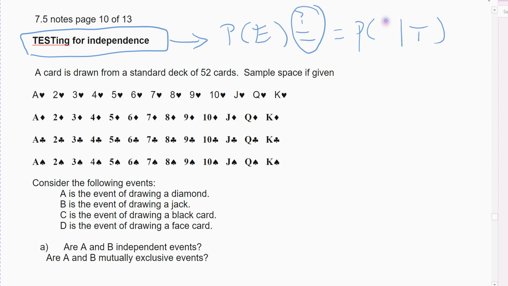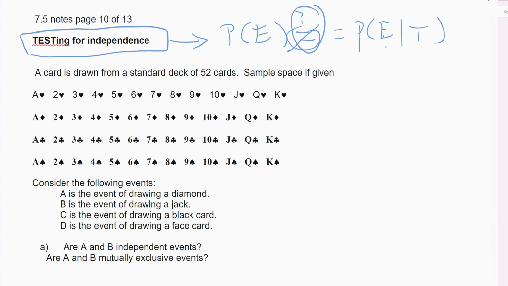So we test, is the general probability of event E out of all outcomes, that chance, that percent, decimal, or fraction, equal or not equal to that same event given another event? Is event E given T the same as event E?